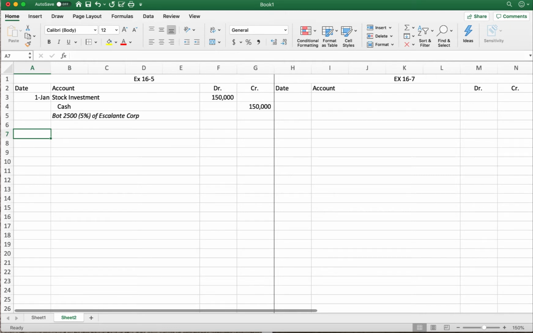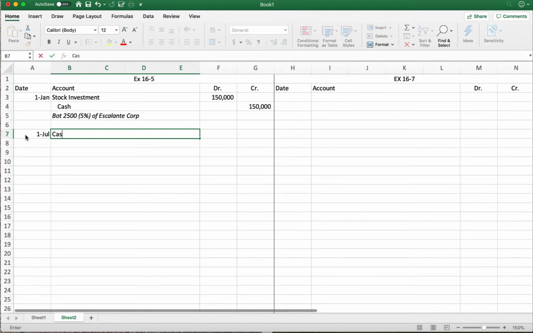The second one says we received a cash dividend of $3 per share. Well, we are using the cost method here. So on July 1, we're getting a dividend. Since we're using the cost method, we need to recognize dividend revenue, right? So what are we getting? Cash. How much?